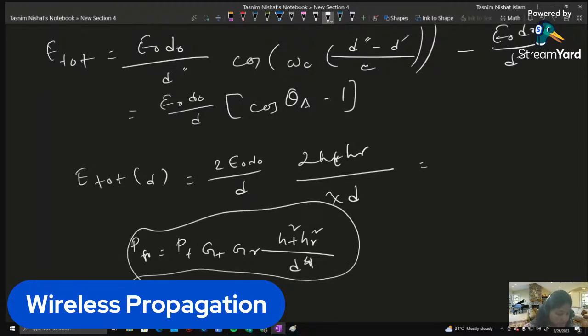This is the two-ray ground reflection model that we were considering.